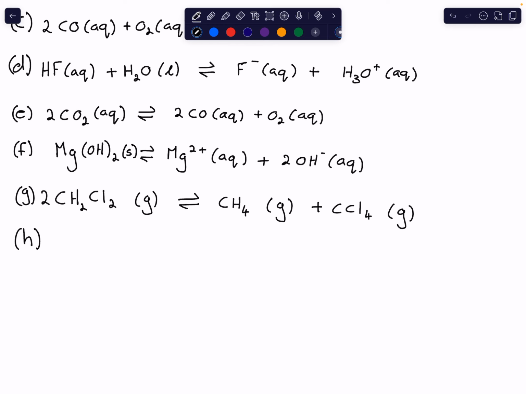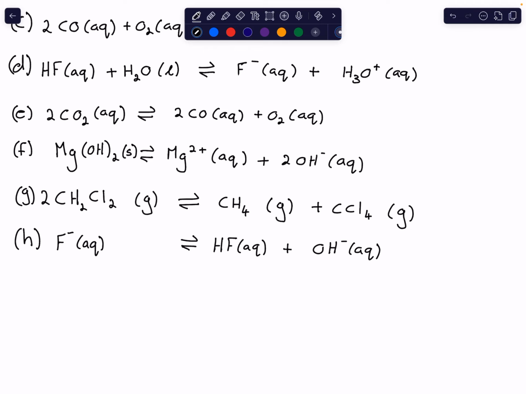So in H, we see as a reactant, we only have F minus at the moment, aqueous. And our products are HF aqueous plus OH minus aqueous.